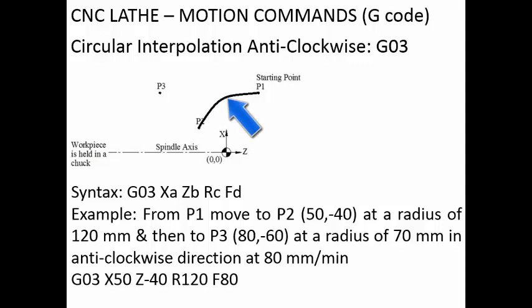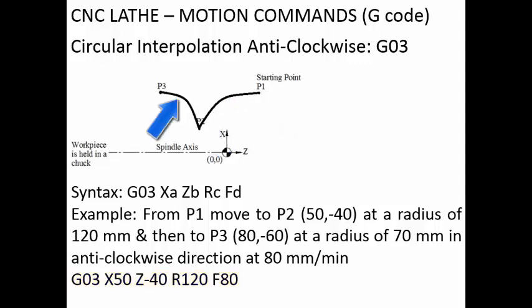So the code will be G03, X50, Z minus 40, R120 and F80. So 50 is the X coordinate, minus 40 is the Z coordinate, 120 is the radius, 80 is the feed rate. Once we write this, the tool will come to point P2. Next we want to move to point P3.